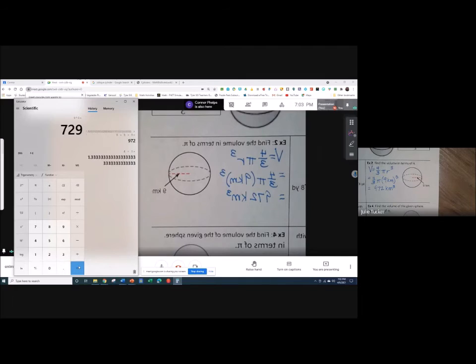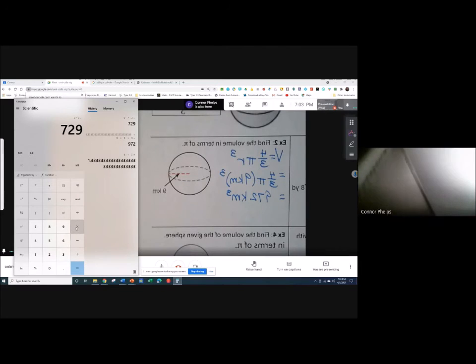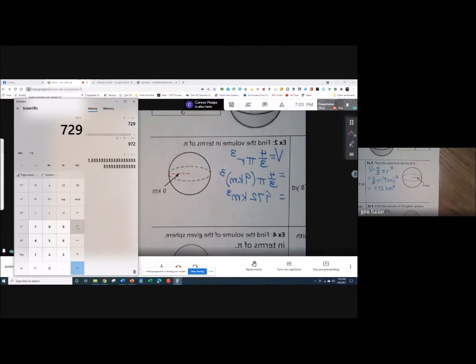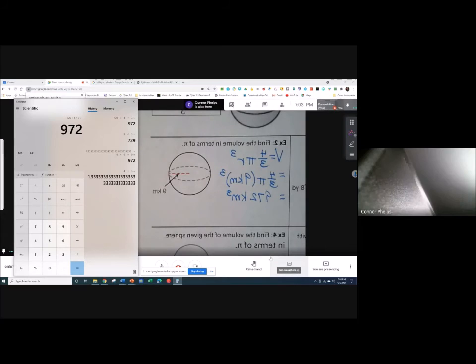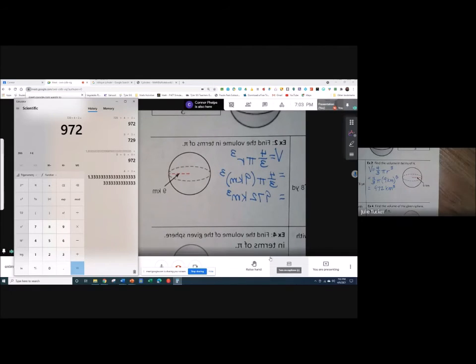And I'm going to give it equals. Now this is my 9 to the 3rd power, okay? Now I'm going to say times 4 divided by 3 equals. Okay, so 972 is our answer.